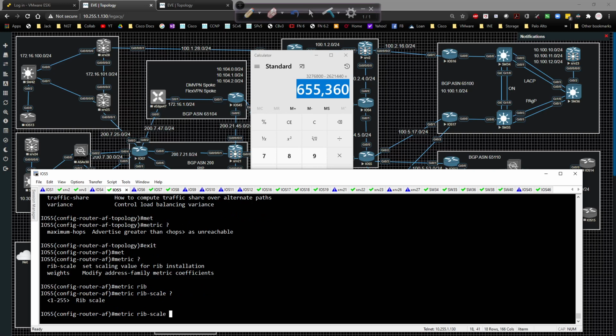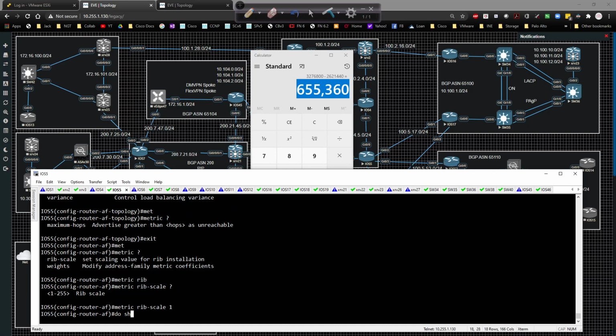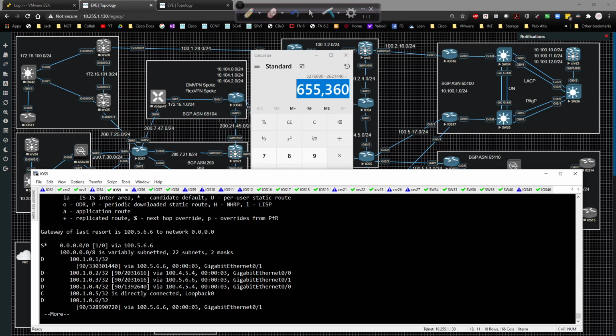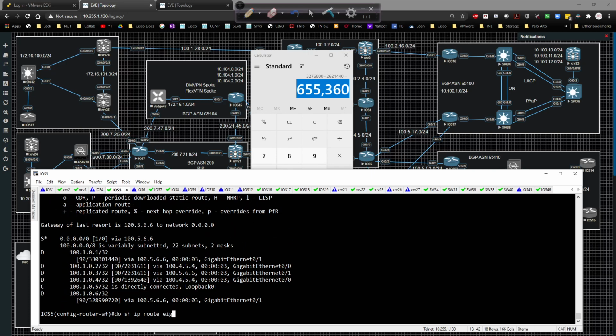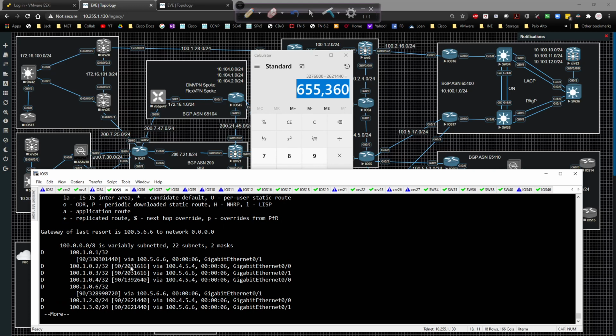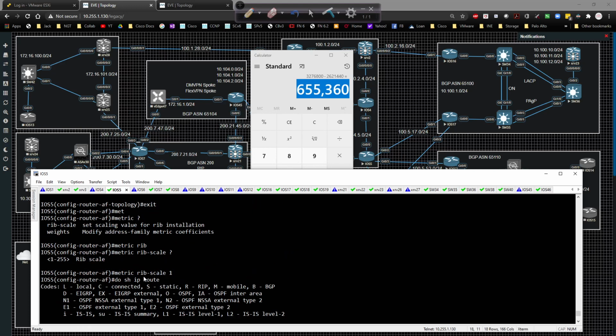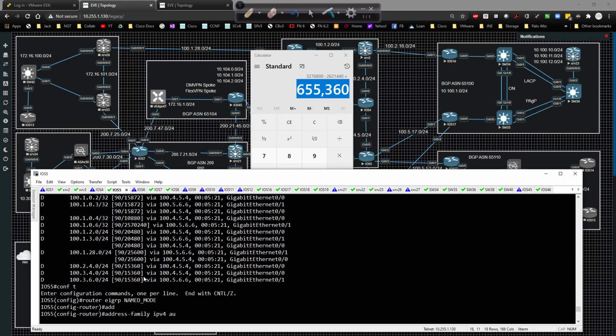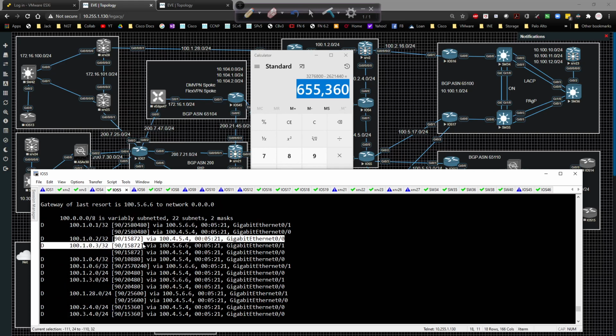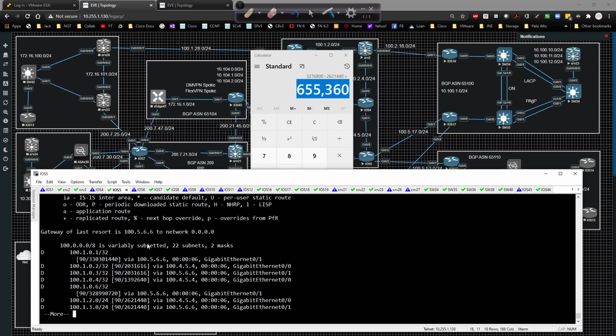If you were to use rib scale and lower this to, say, 1, and then do show IP route EIGRP, you would see these numbers are higher than what we saw previously. We had 90 and 15,872, and here we're now looking at 203,16,16.